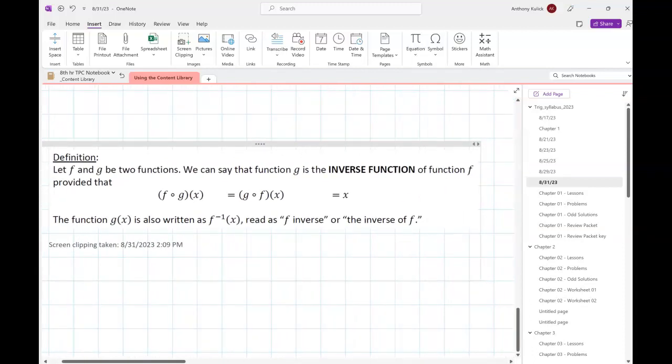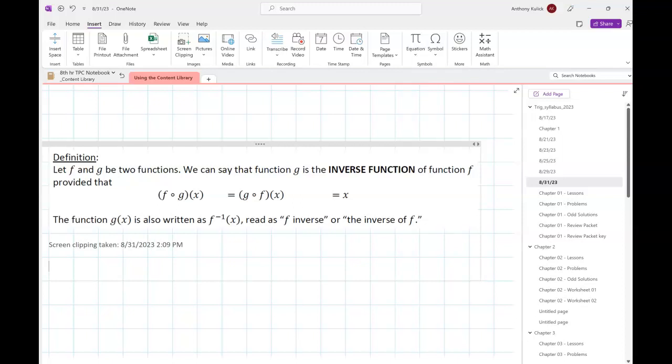So this definition says, let f and g be two functions. We say that the function g is the inverse function of f, provided f compose g is equal to g compose f, and both of those simplify down to x. In this case, the function g of x, we would write with the symbol f with the little -1 superscript of x.